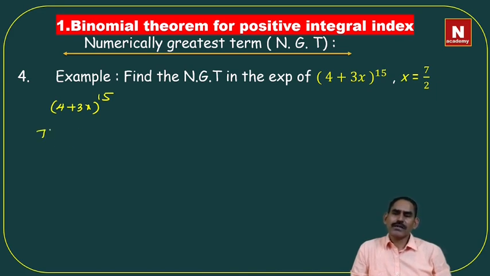That means t12 is t_(11+1). By the general term formula, nCr means 15C11, with 4^(15-11) into (3x)^11.